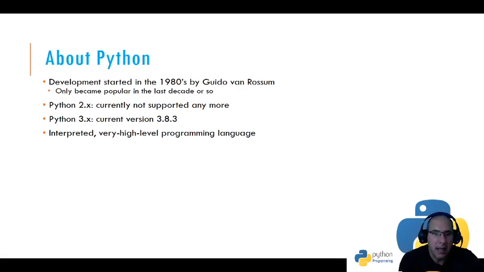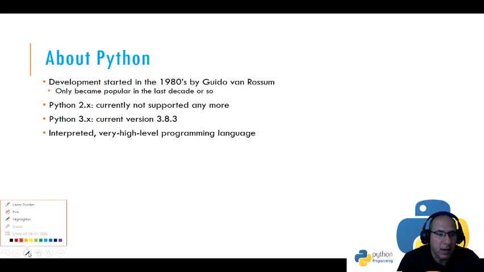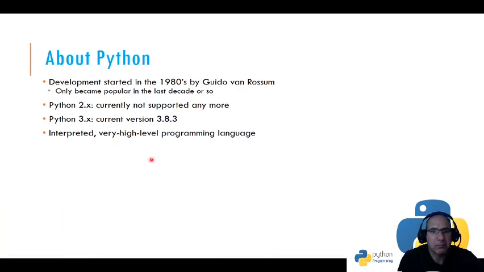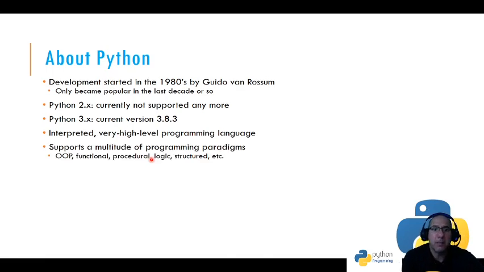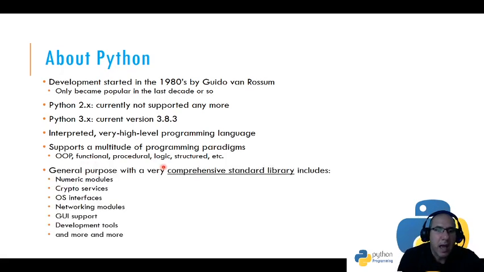Python is an interpreted language, scripting language, very high level programming language. And it supports a multitude of programming paradigms such as object-oriented, functional programming, procedural programming, logic programming, etc. And it is supported with a comprehensive set of standard libraries.